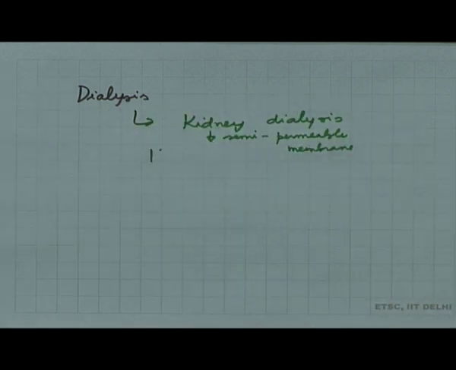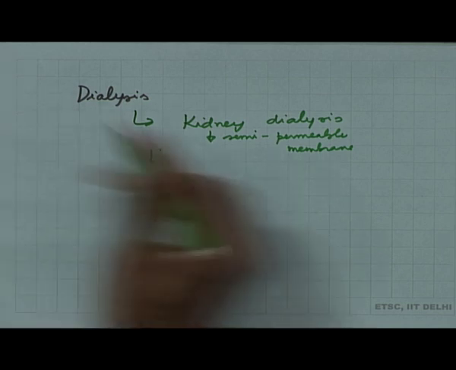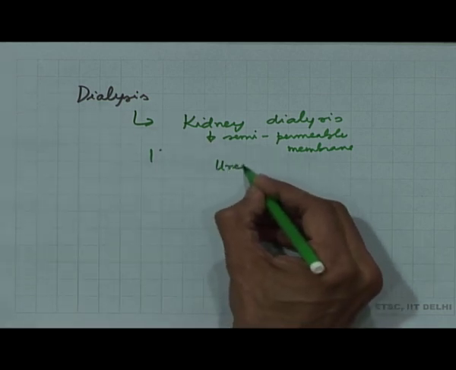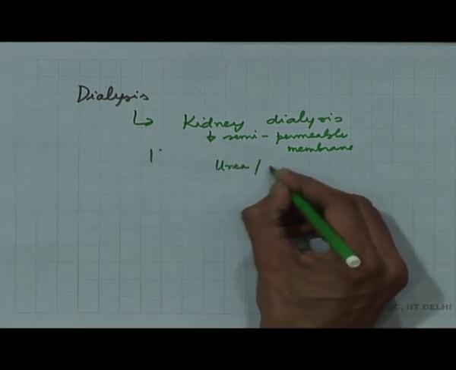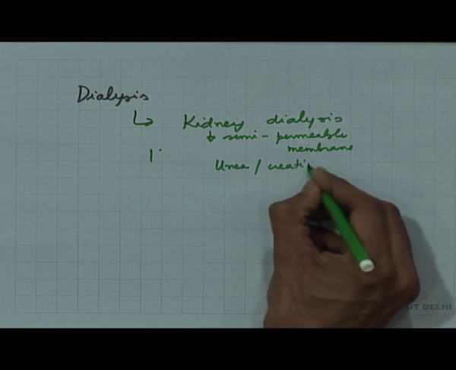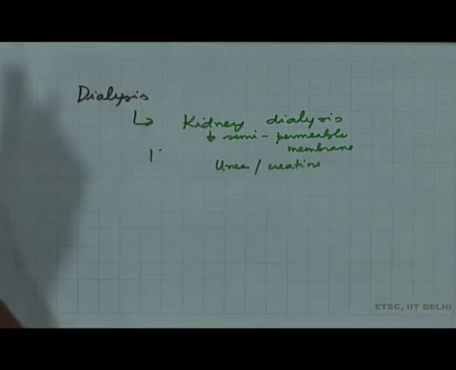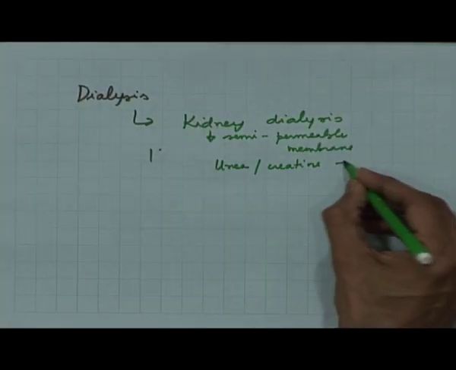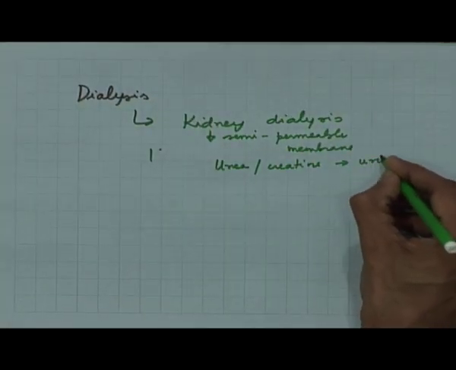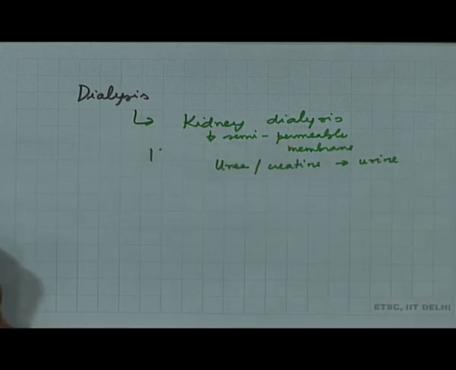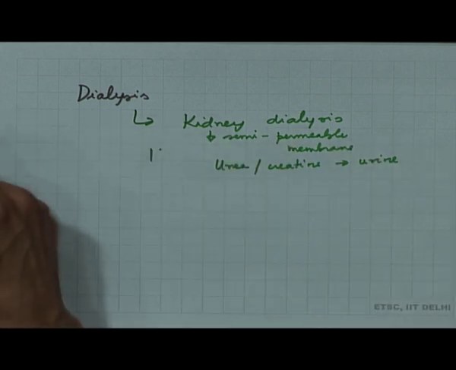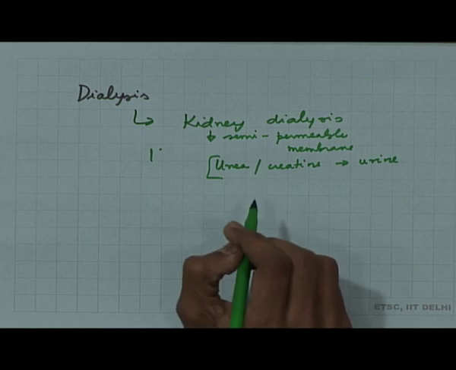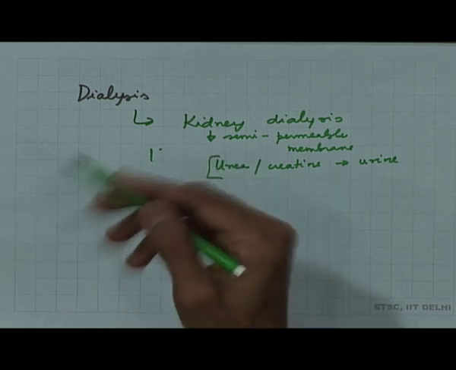And things that are not required in the body, like for example urea or creatine, are put through the membrane and shunted out, and this comes out through urine. Whereas, if your kidney is not working, then the levels of urea and creatine are high in the blood.